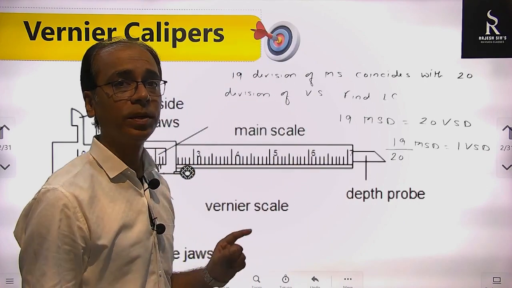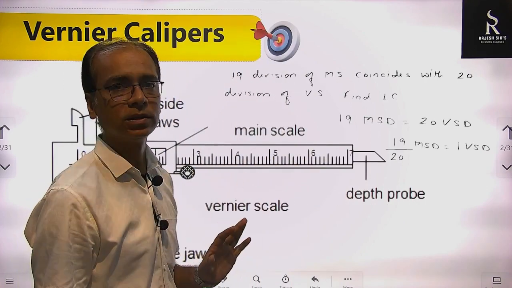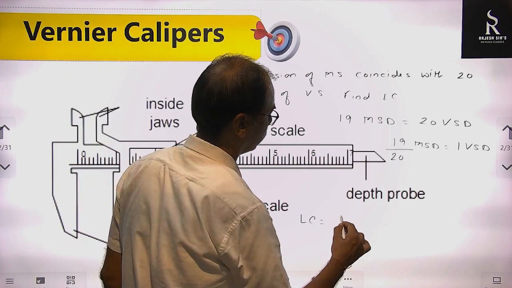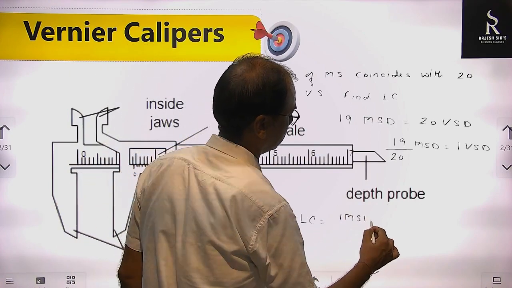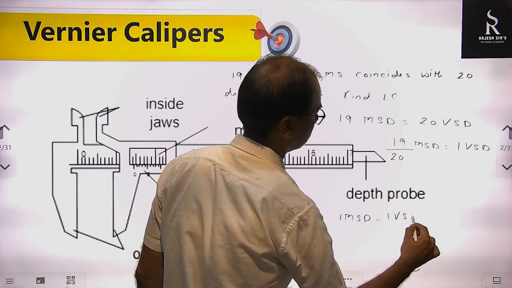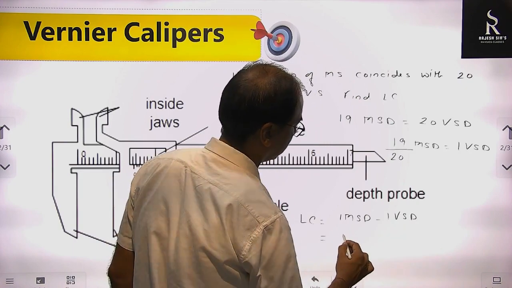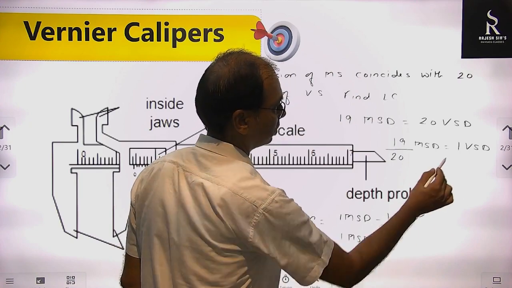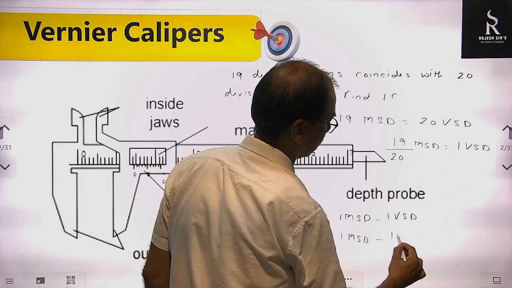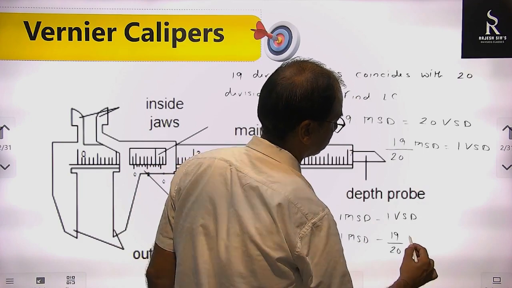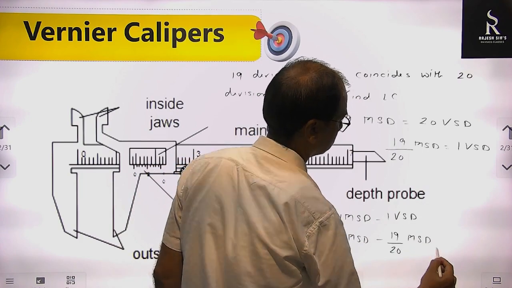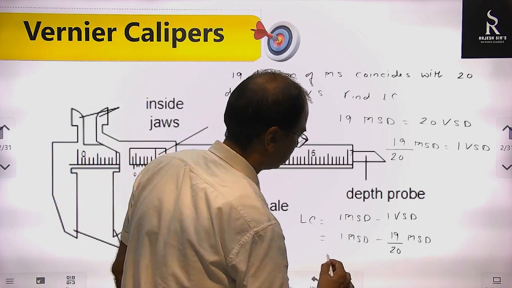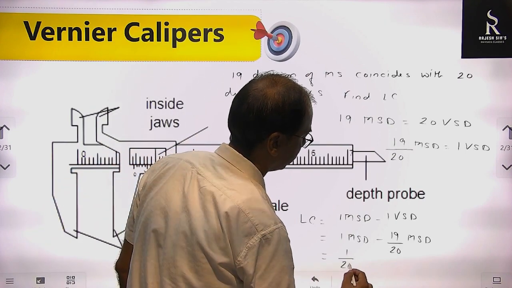So in terms of main scale division, we know what the vernier scale division is. Now least count is 1 MSD minus 1 VSD. MSD we write as it is, minus 1 VSD which is 19 by 20 MSD. So 1 minus 19 by 20 means 1 by 20 of MSD.